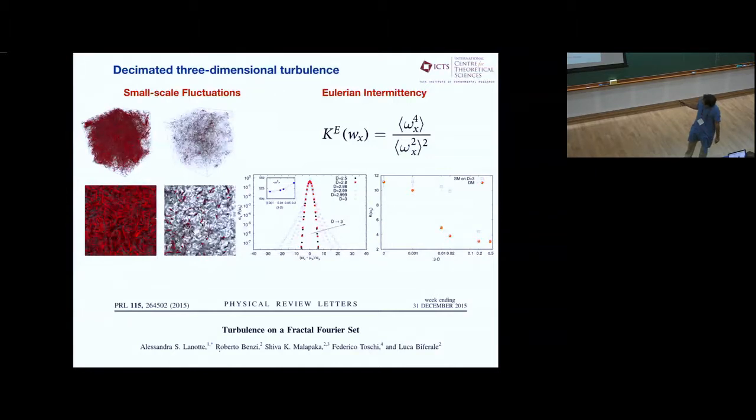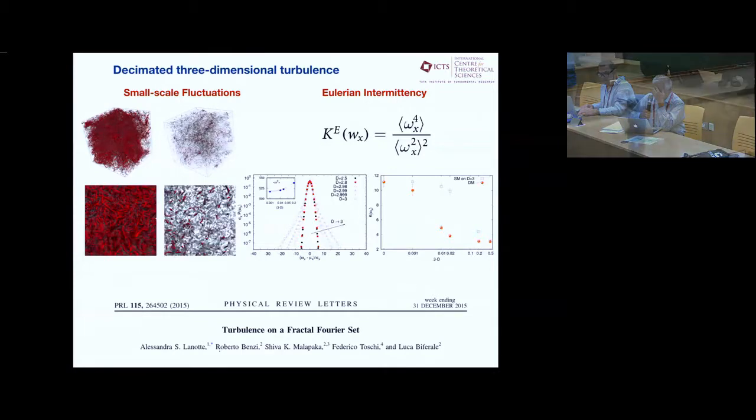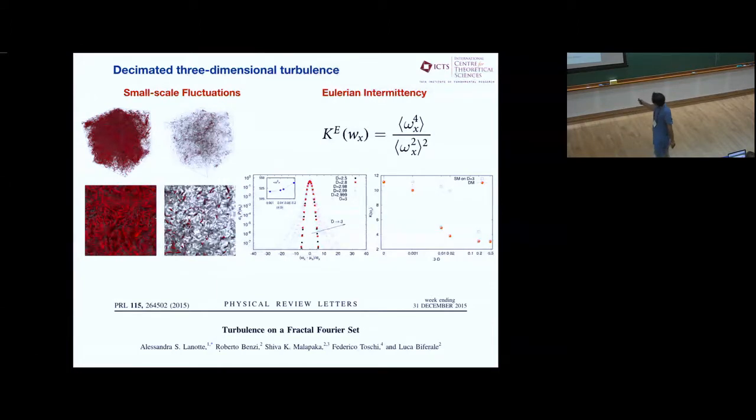And it does seem from their data that the effect of this decimation is delayed as a function of how far you're in dimension. So you're still reasonably intermittent up to a much lower dimension, 3 minus d, and then you end up getting to a kurtosis value of 3.